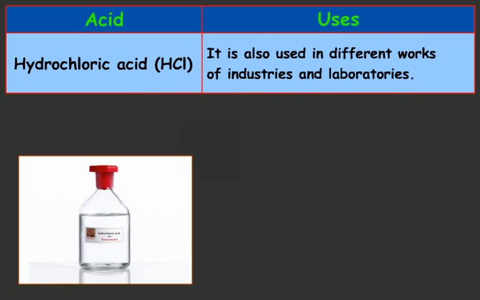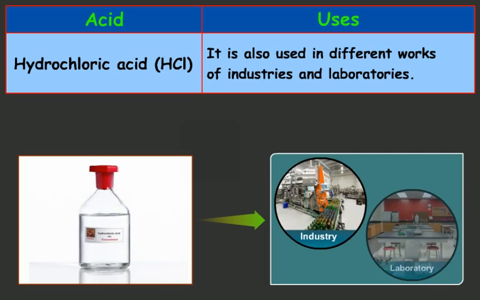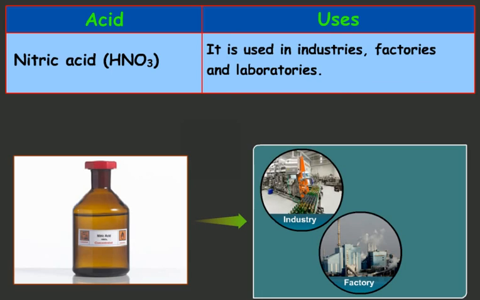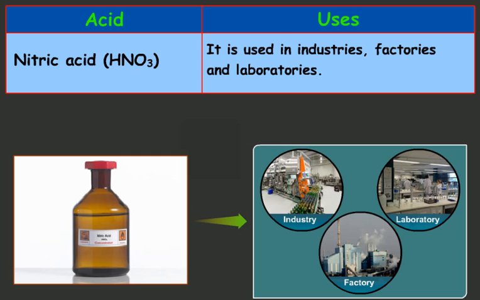Hydrochloric acid, HCl. It is used in different works of industries and laboratories. Nitric acid, HNO3. It is used in industries, factories, and laboratories.